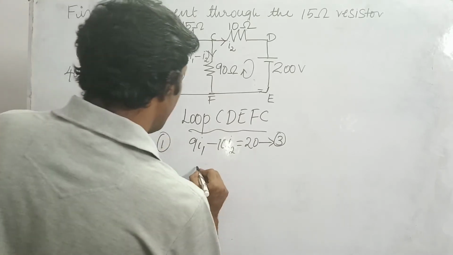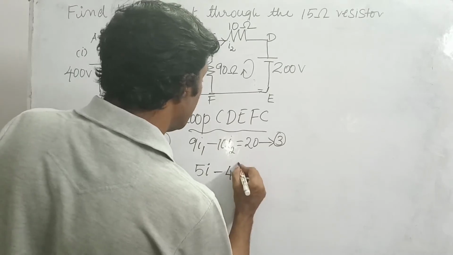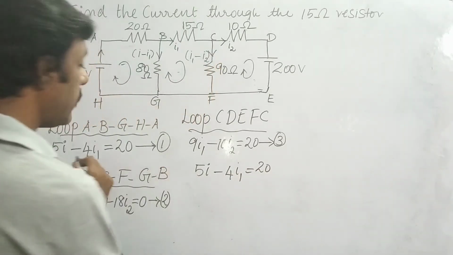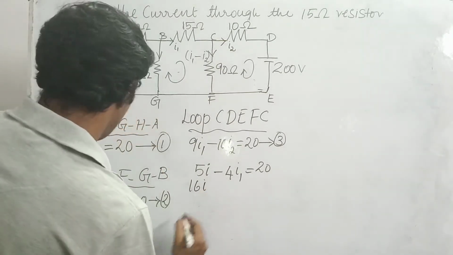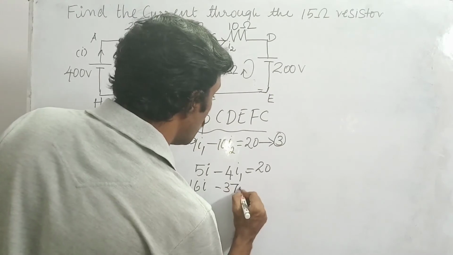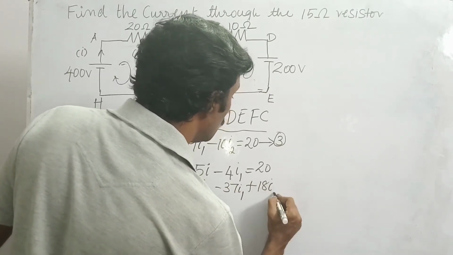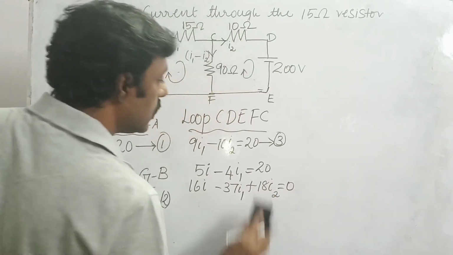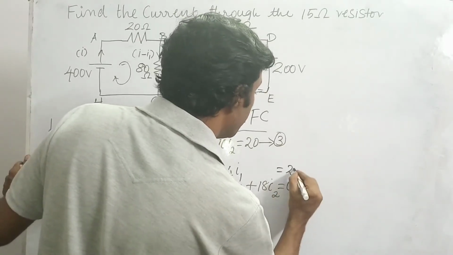So it will be 5I minus 4I1 equal to 20, and 16I minus 37I1 plus 18I2 equal to 0.